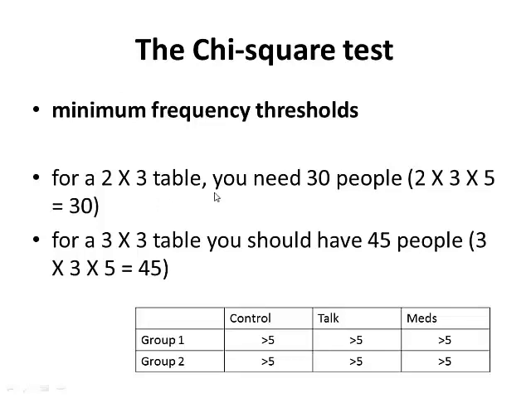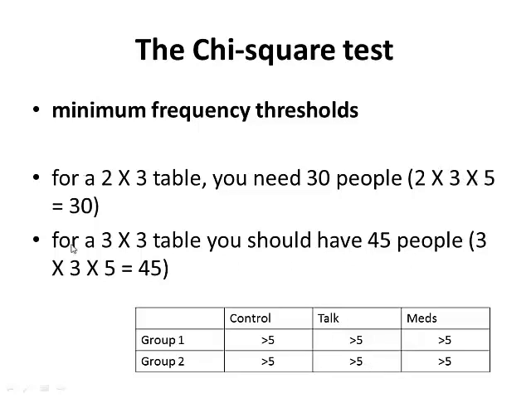For a 2 by 3 table, so let's look at this table here. We have 2 groups, group 1 and group 2, and 3 different conditions. We have a control group, a talk therapy group, and a meds group. So we have a 2 by 3 table. Then we need at least 5 in each of these boxes, each of these cells. So we would know we need 2 times 3 is 6 times 5.